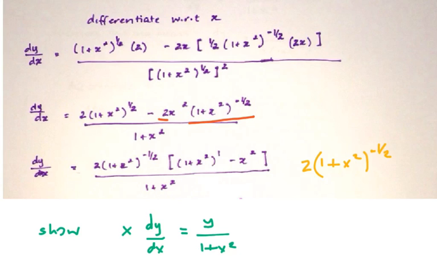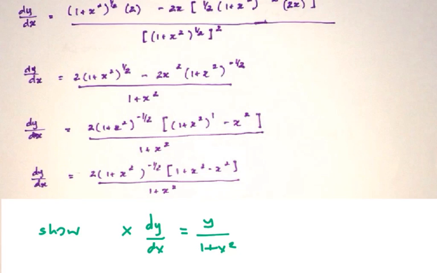I've pulled that out, and now I have (1 + x²)^1 minus x². So now I am simplifying what's in these brackets here.